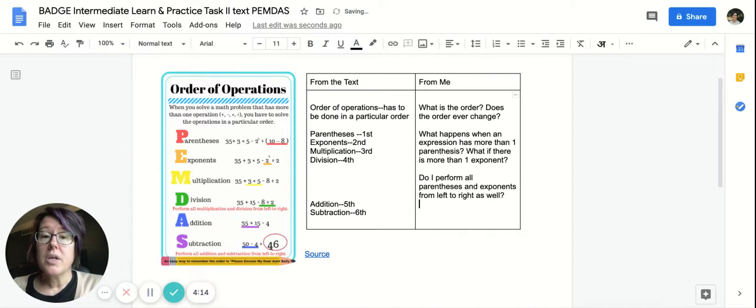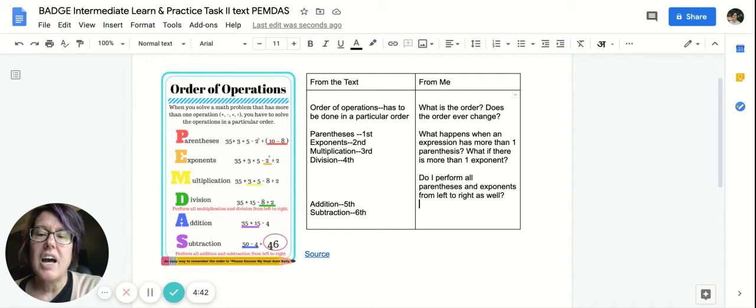So what I'm going to want to do, because I still have this question, it sort of makes sense that there's an order in which things are done. And I know what the order is: parentheses, exponents, multiplication, division, addition, and subtraction. But I'm not sure exactly what happens for parentheses and exponents if I have more than one.